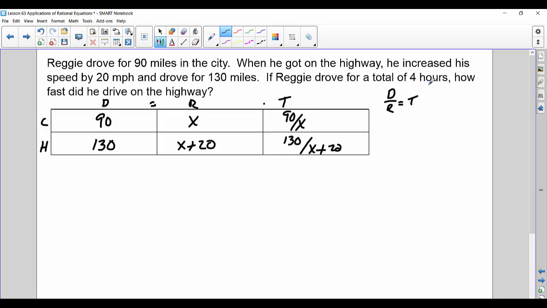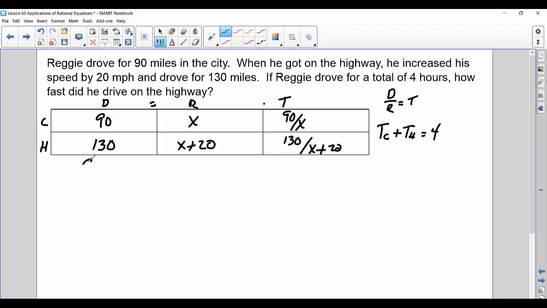Now, because we know the total time is 4 hours, we can't assume that they're each 2. So we know that the time in the city plus the time on the highway is equal to 4. And then I'll use what's in this column to write this equation out.